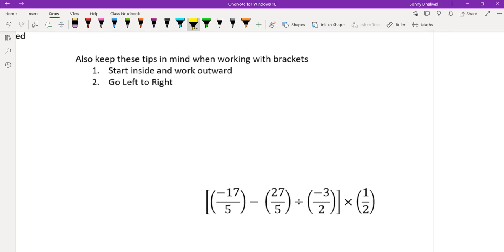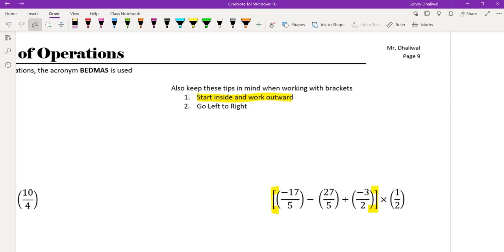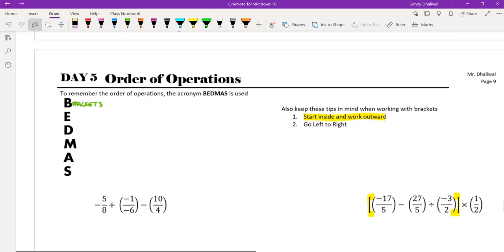So the tip is to work from the inside outwards. With a question like this, we're going to work inside this bracket and ignore everything else until we get this down to one number or down to one fraction. And then we go left to right in there, just for reading purposes.